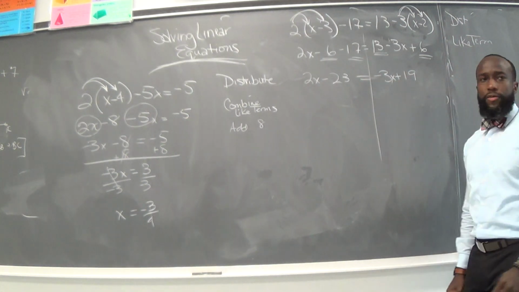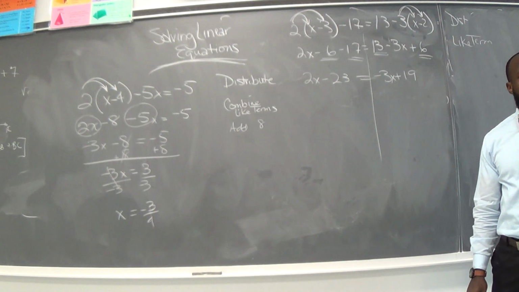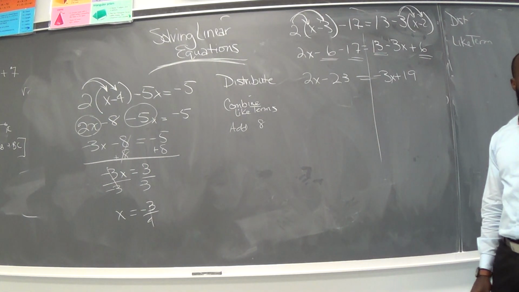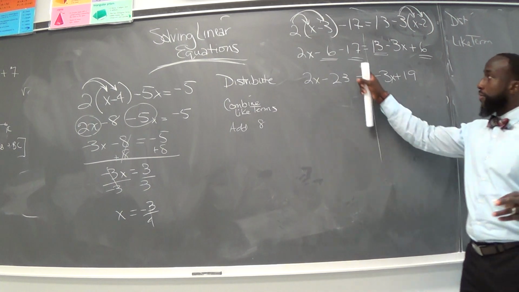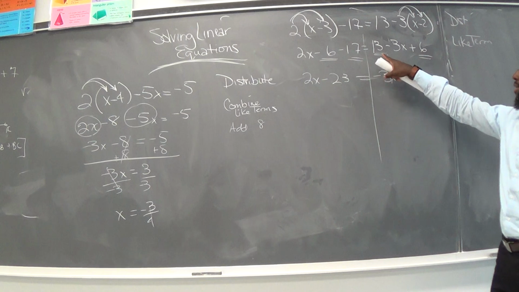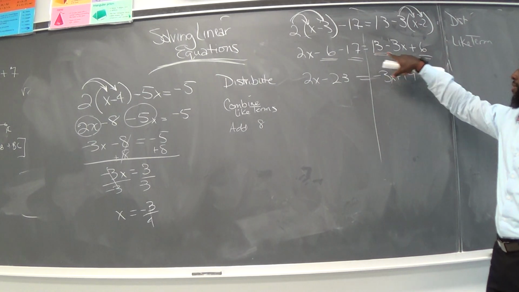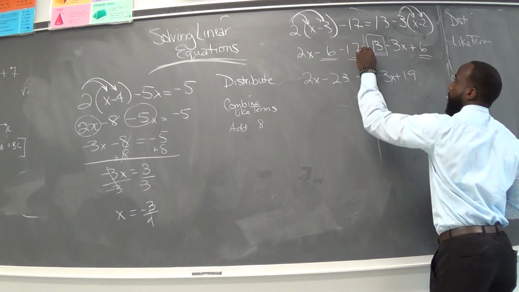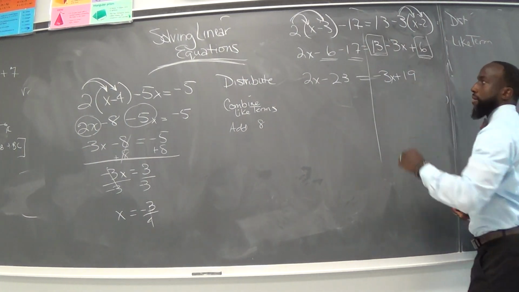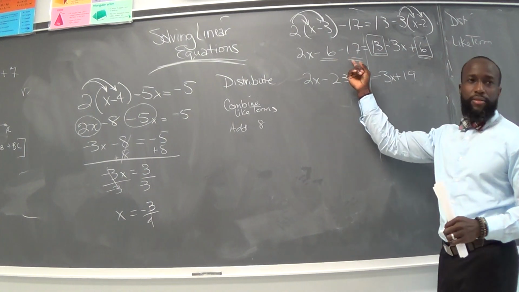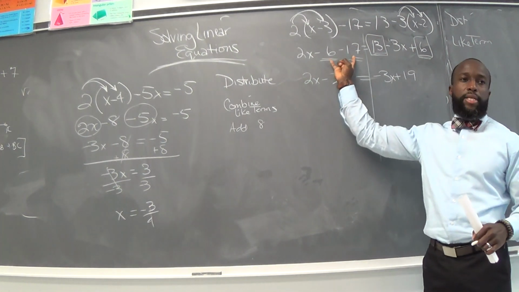Alright. We all good so far? So you got 23, add 6 and minus 17. Right? And we got the 19 from the 13 plus the 6. So why did you add the negative 6 and then negative 17? Because these are the same signs, right?